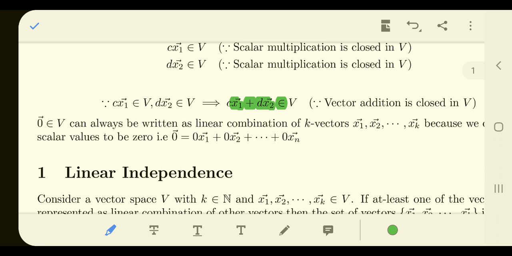So the zero vector can be represented by any vectors you give.